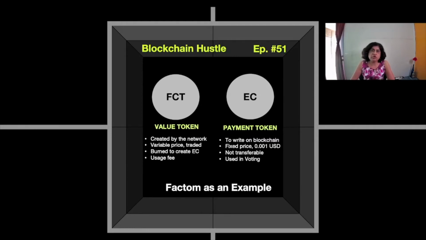So let's say one factoid is currently being traded at $10 US. And we do know that an EC has a fixed price of $0.001 US. So it means that one factoid would be equal to 10,000 EC, which means that I need to burn one factoid to get 10,000 EC and then write that much amount of the data onto the blockchain.